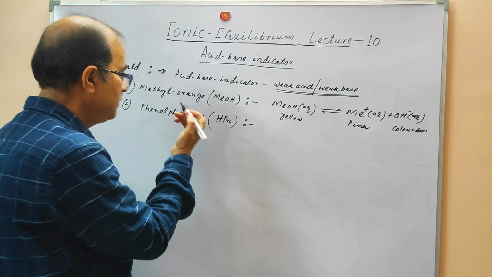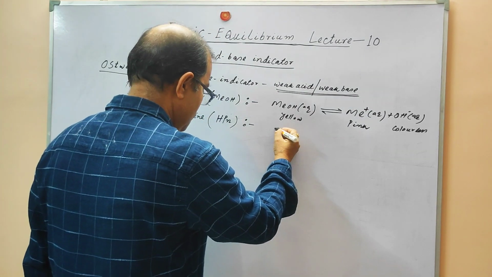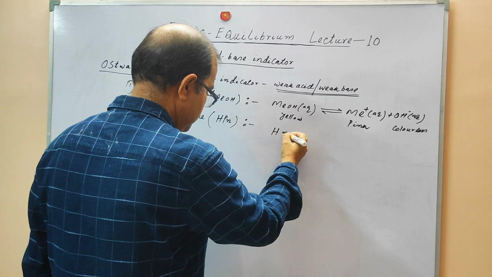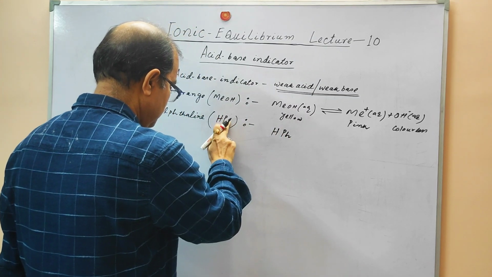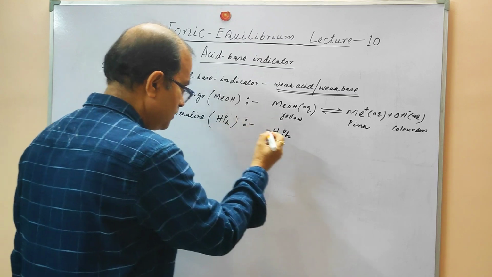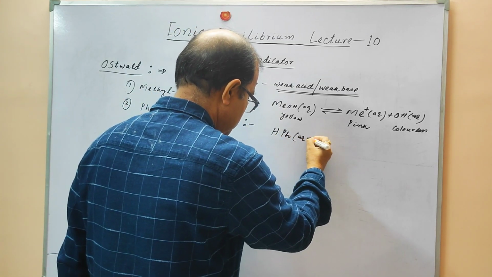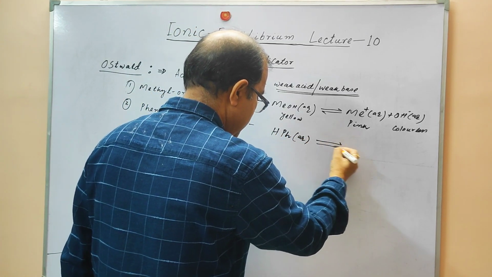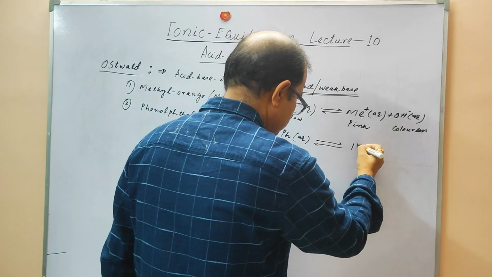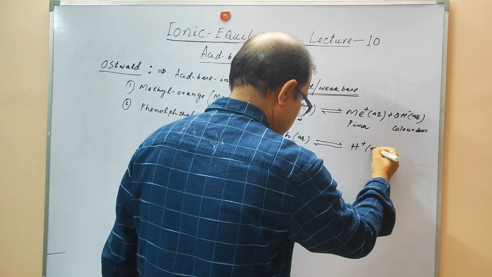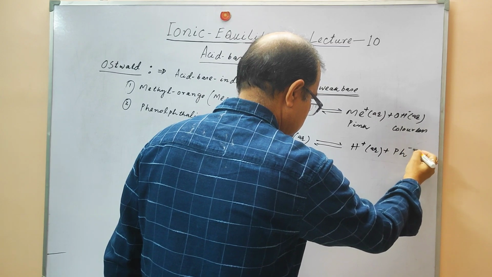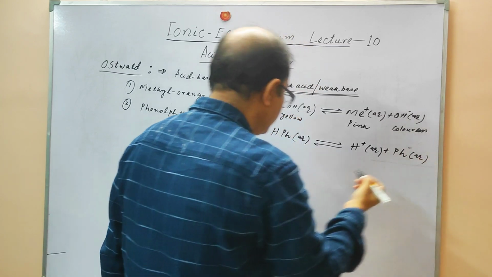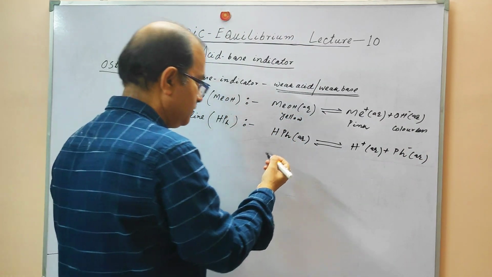Similarly, phenolphthalein is the acid. We write the dissociation equation like this: HPh aqueous gives H plus aqueous and Ph minus aqueous. Here also you can see there is a color change.